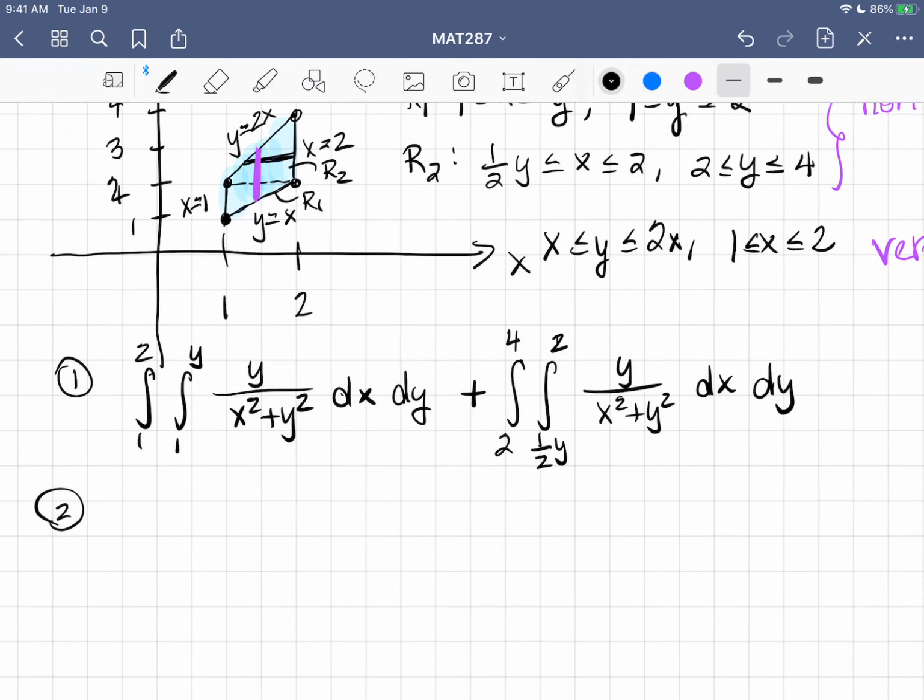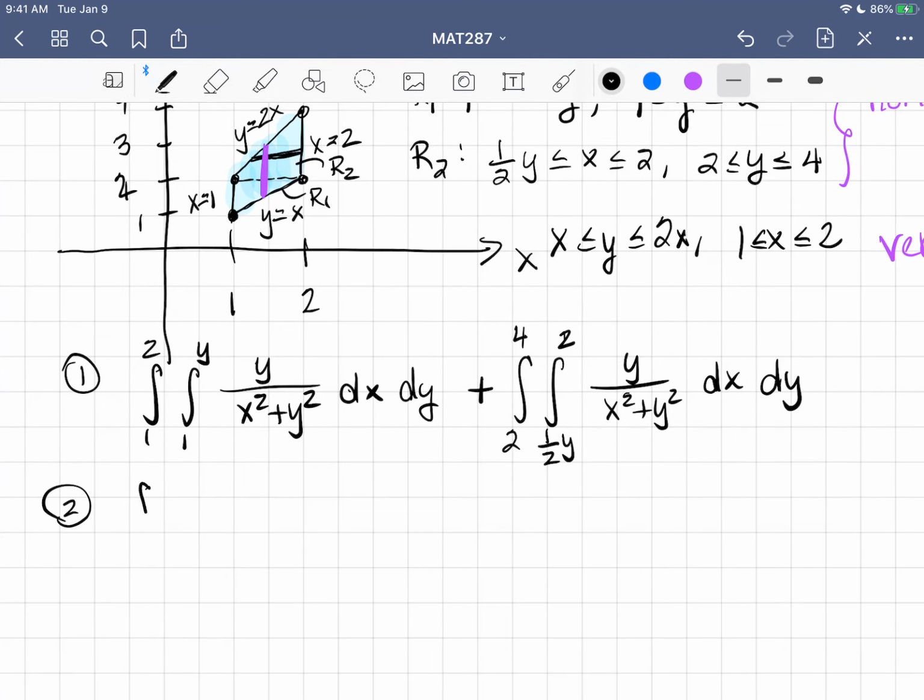All right, so now the double integral becomes the integral from x to 2x on the inside of y over x squared plus y squared dy, and then the outer bounds are 1 to 2 dx.